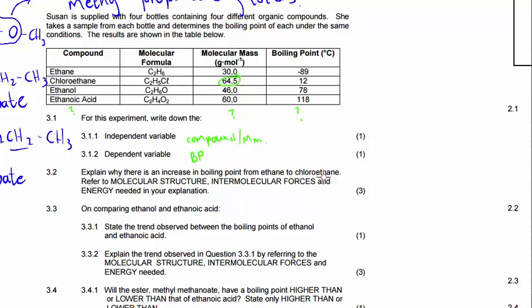Like, boiling point is about breaking free from the intermolecular forces. How do I break free? By getting more energy. So more energy is needed for chloroethane's molecules to break from the intermolecular forces. Does that not make sense? That makes sense.